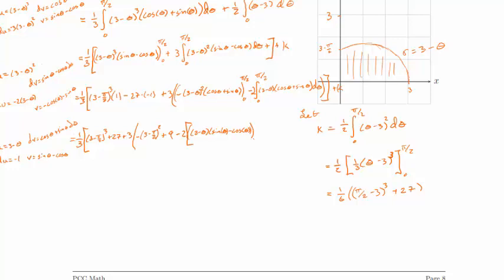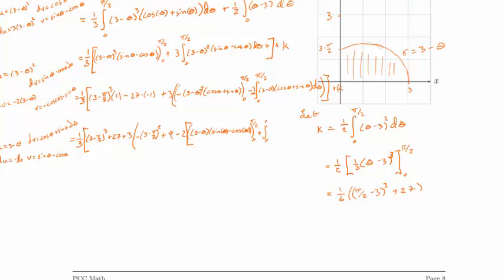This is all evaluated from 0 to pi over 2, minus v du. Oh, du is negative d theta. That negative will cancel, we'll get a plus.